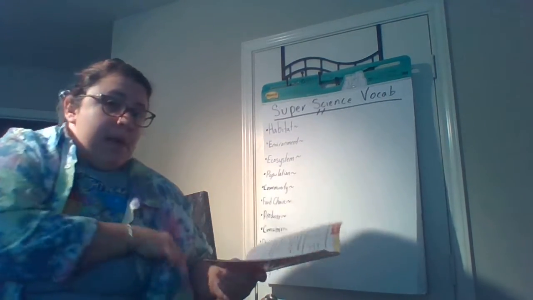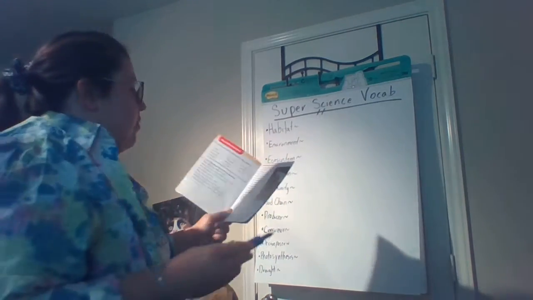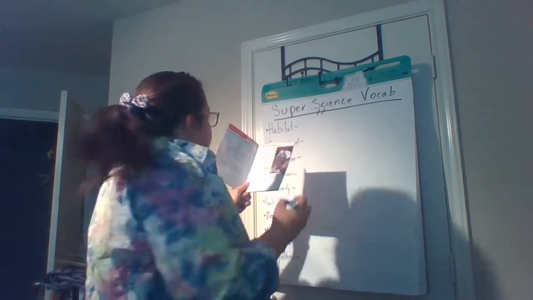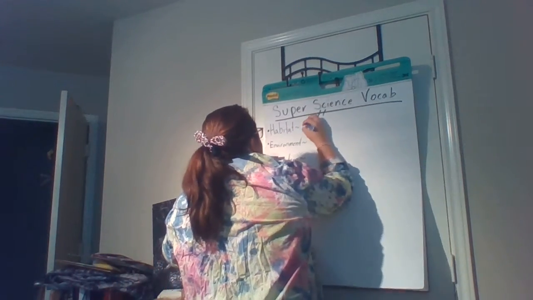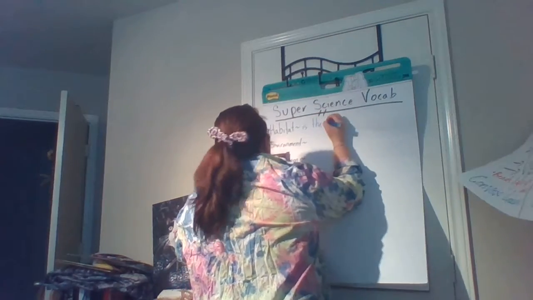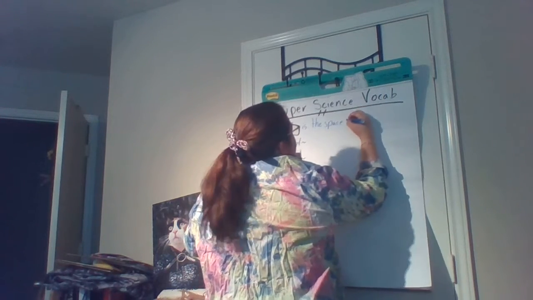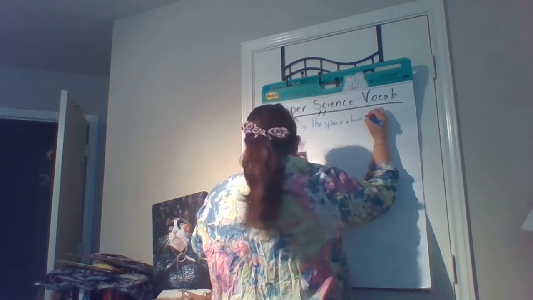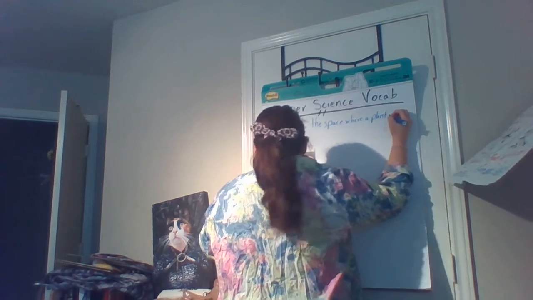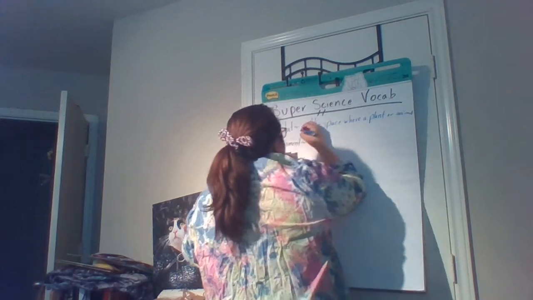Whoa! Stop, collaborate, and listen. We got our first super science vocab word. We got habitat. Habitat, follow along with me if you can, is the space where a plant or animal lives.